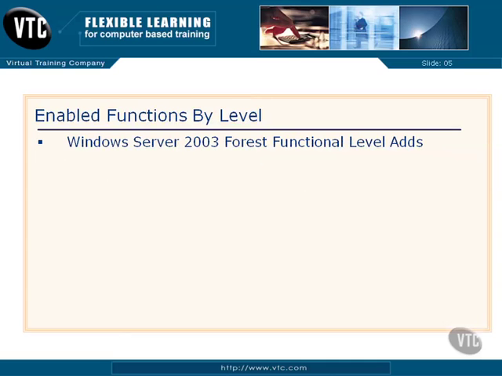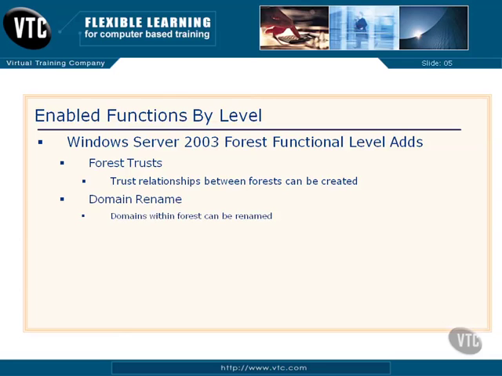Now let's talk about the Forest functional levels and what you get there. When you go to Server 2003 functional level at the Forest level, and I'll show you in a different video how to set these things, you pick up Forest Trust. That was where you can create trust relationships between forests. Then domain rename, you have to do this at the Forest level and at the domain level, but we can rename the domains within the Forest.